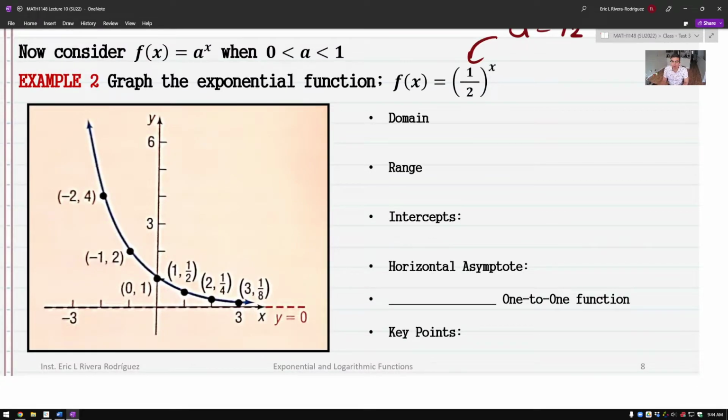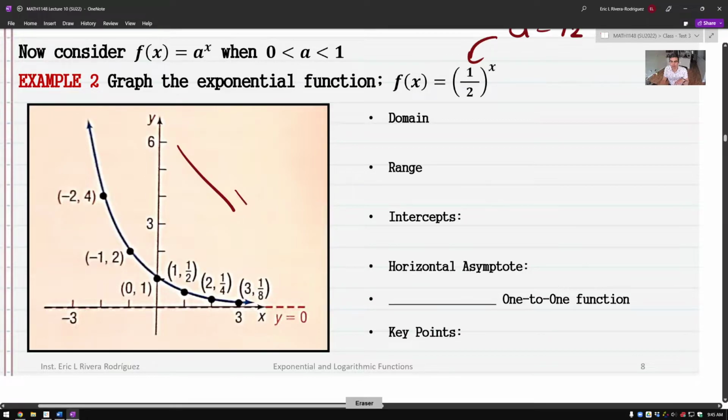So what we are seeing here is that now the shape of the graph, or maybe the direction of the graph, changes, right? Or the behavior of the graph definitely changed, because originally when a is greater than 1, we have an increasing one-to-one function. But here now we are seeing a decreasing one-to-one function. Okay?